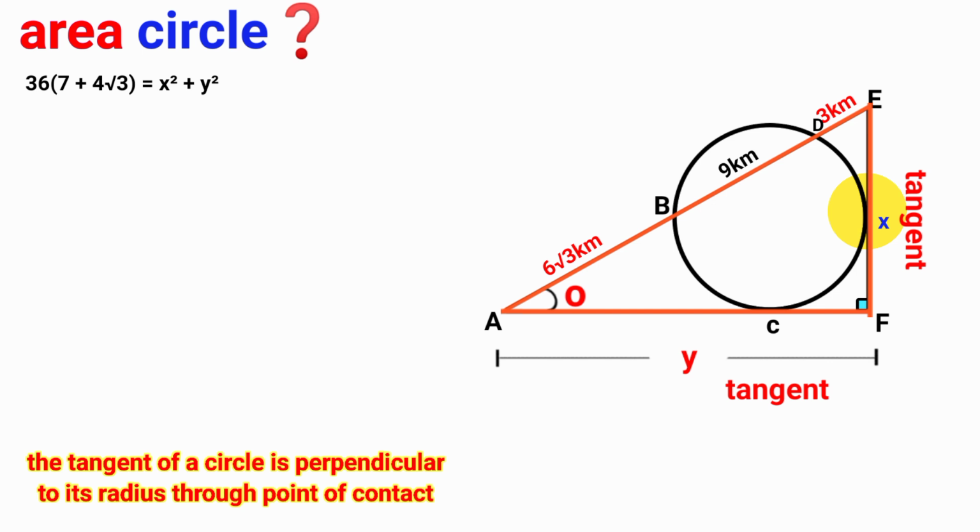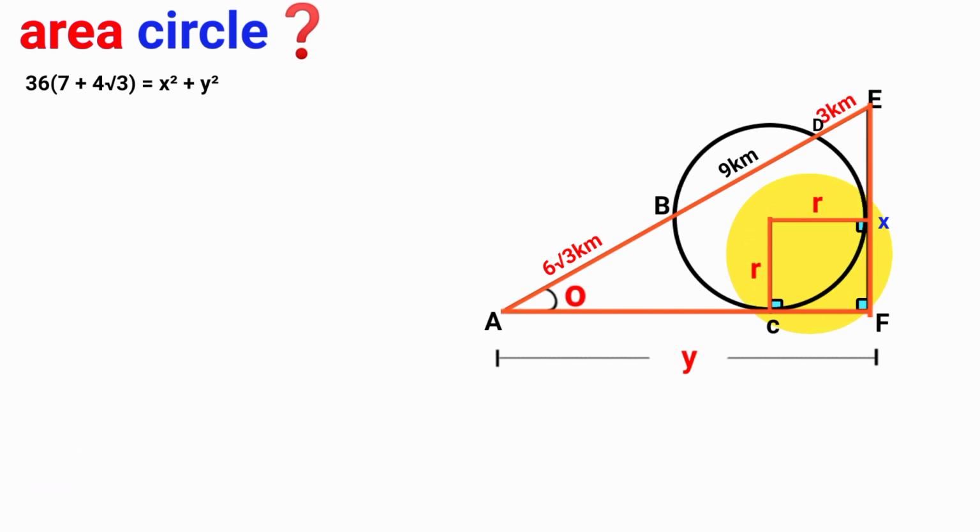That is, if we come here and draw out the radius of the circle to this point and this point of contact, the angles formed are right angles. So this angle and this angle are right angles. We let the radius be r in length.